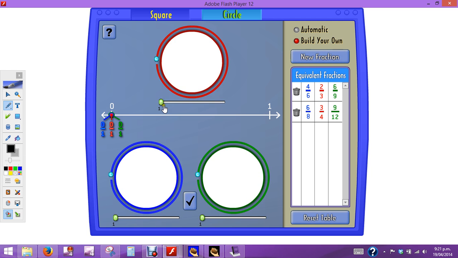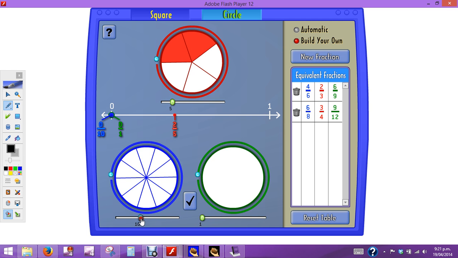New fraction. We're going to do 2/5, and we are going to double the fifths to make tenths, which gives me 4/10. And now we're going to triple the fifths, or do the third multiple of 5, and make 15ths, 15 pieces.